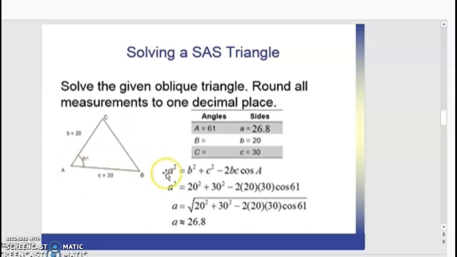So jumping right in, finding the length of side A, using the version of the law of cosines set equal to side A. When we plug in our B value, C value, and also the measure of angle A, all work is on one side of the equal sign, so you would simplify using the order of operations.